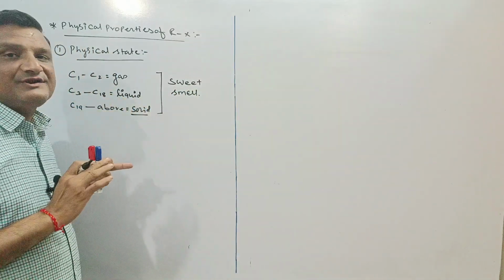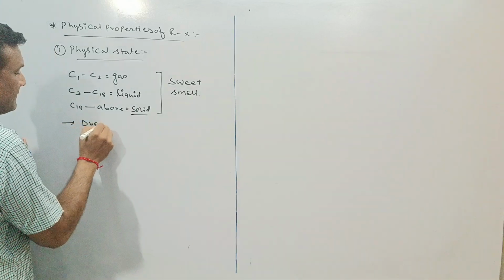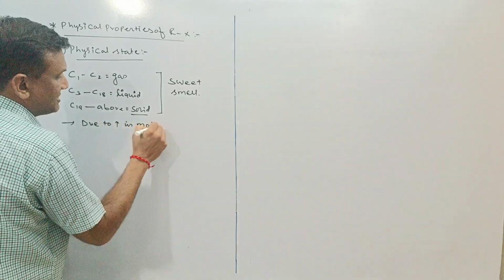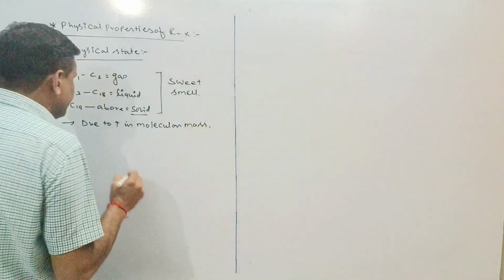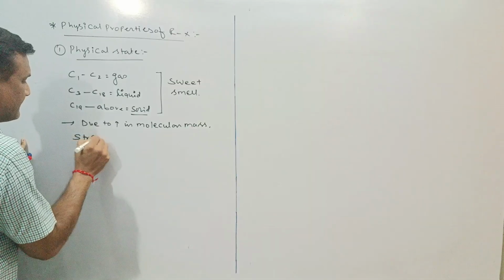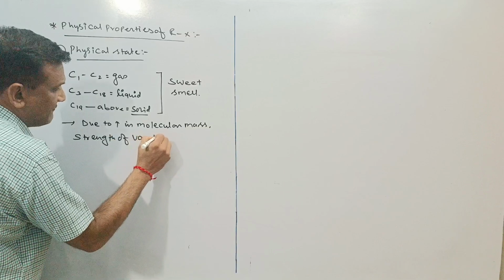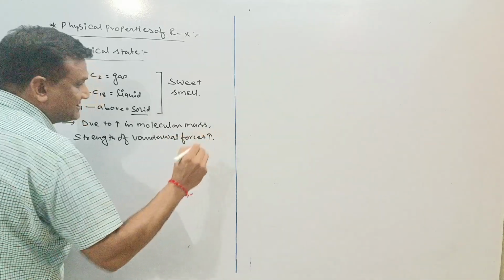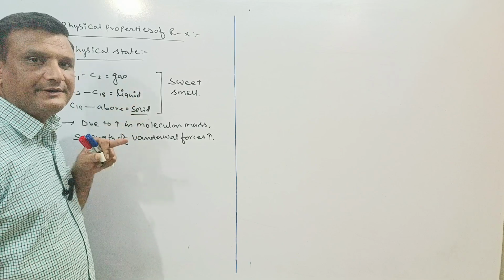Why is there this variation? It is due to the increase in molecular mass, so the strength of van der Waals forces increases. That's why it changes from gas to liquid to solid.